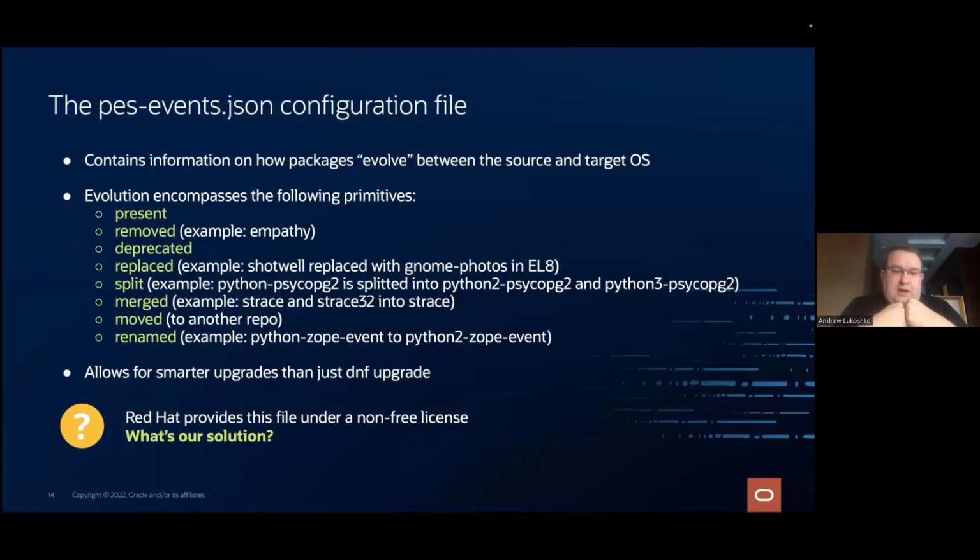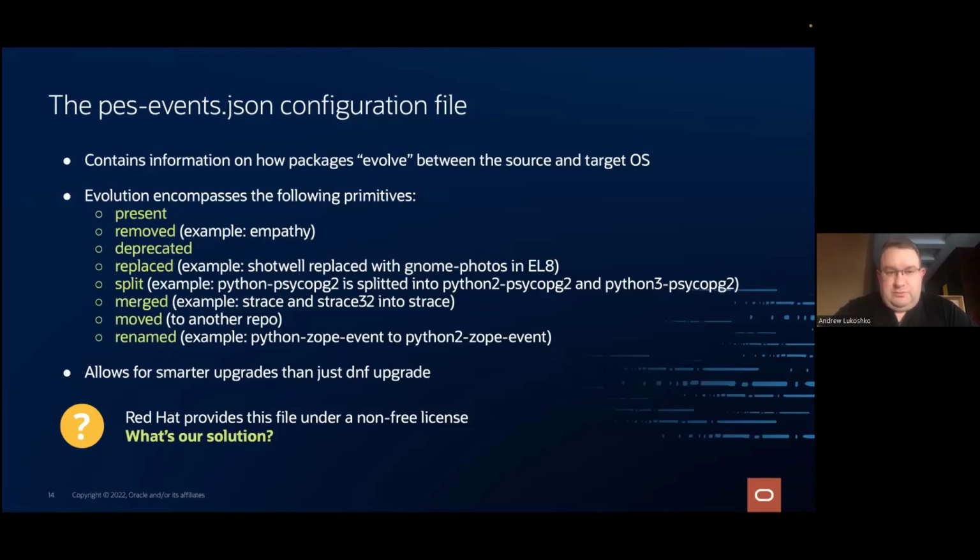Because in a new system, some packages can be absent or they can be renamed and so on. So we have several states that the package can have in your target system. So package can still be present. It's okay, nice to know, and we actually do nothing about it.